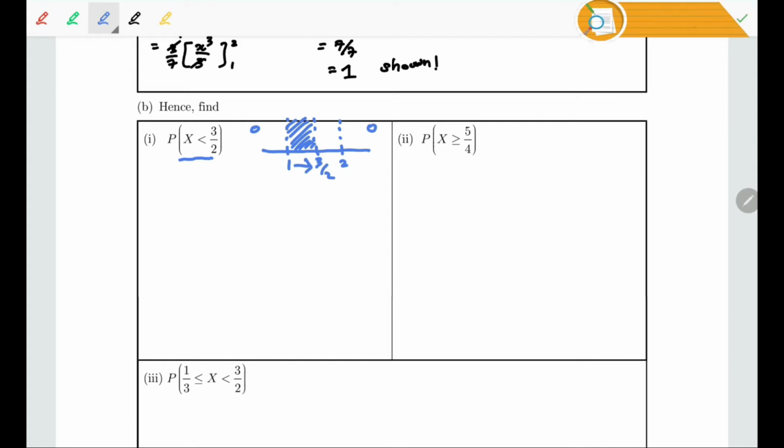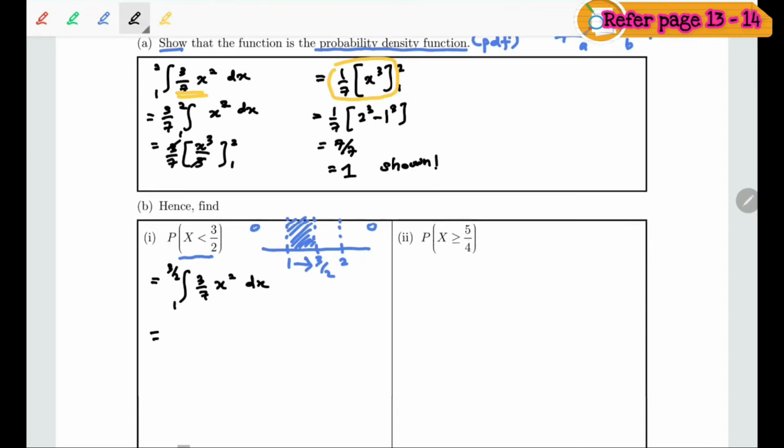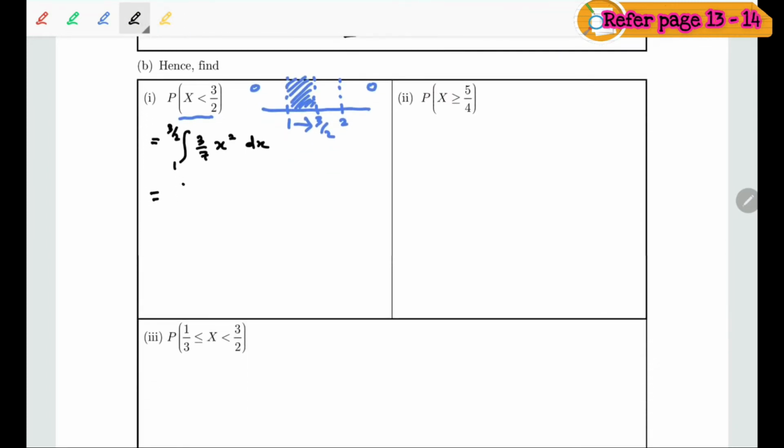Since 1 is the lowest limit, we have to integrate from 1 until 3 over 2 for the same function, which is 3 over 7 x squared dx. Since we have done the integration for the same function in the first part, we can just copy down the result of the integration, which is 1 over 7 of x cubed, but replace it with the new limit, from 1 until 3 over 2.